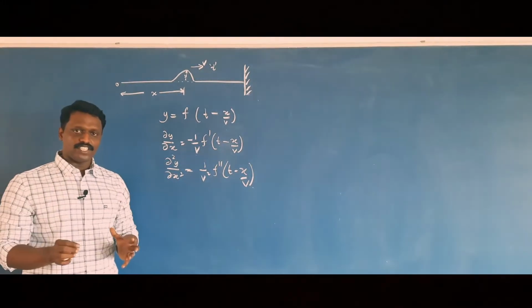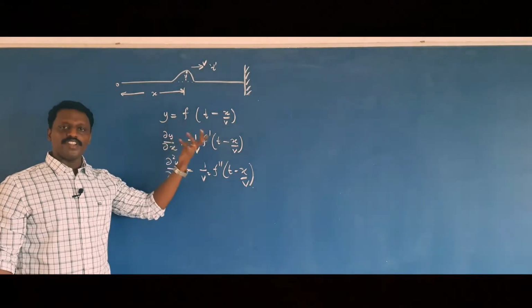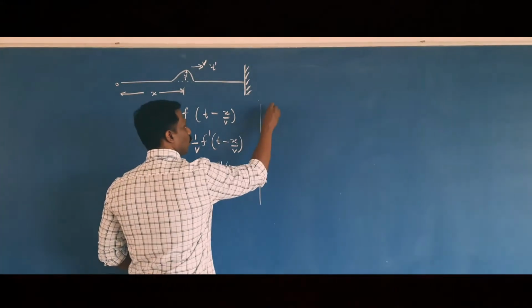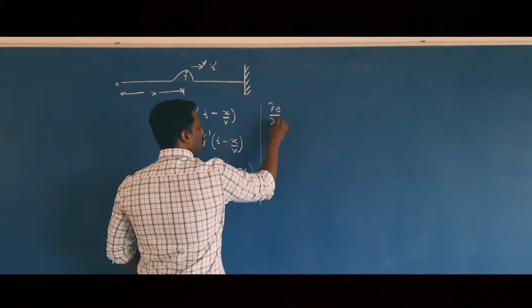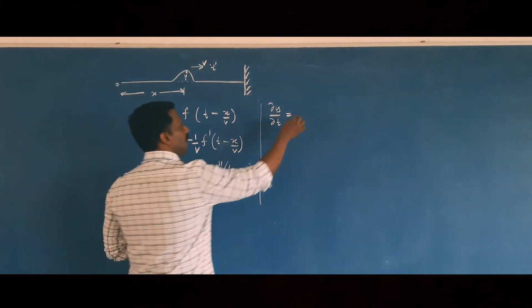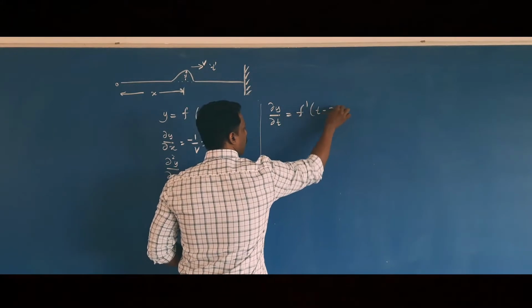Now let us differentiate the same equation with respect to t. So the partial derivative dou y by dou t is equal to f dash t minus x by v.